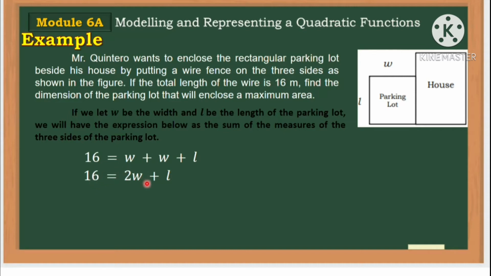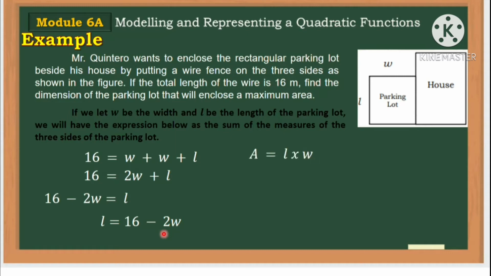So, solve for L, ang iwan natin dito is the length. So, we're going to subtract 2W from both sides. The outcome is 16 minus 2W is equal to L, or same as L is equal to 16 minus 2W.